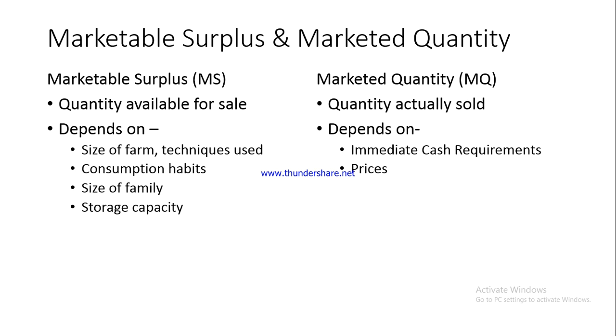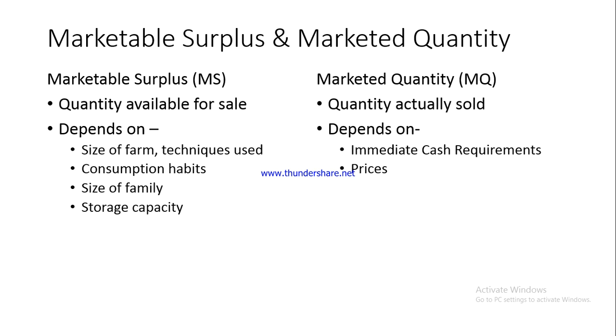Again, if the current prices are higher, the farmer would be induced to sell more in the market. So he will dip into the reserves for his family, and he'll sell from that particular reserve also.